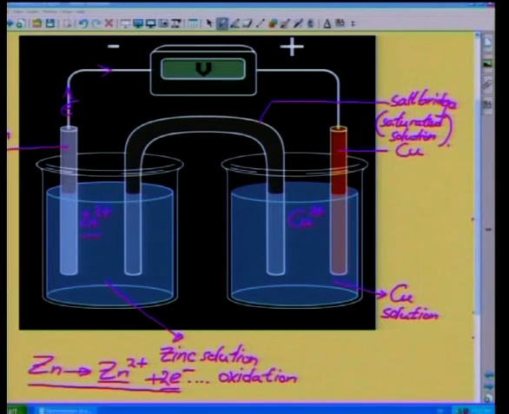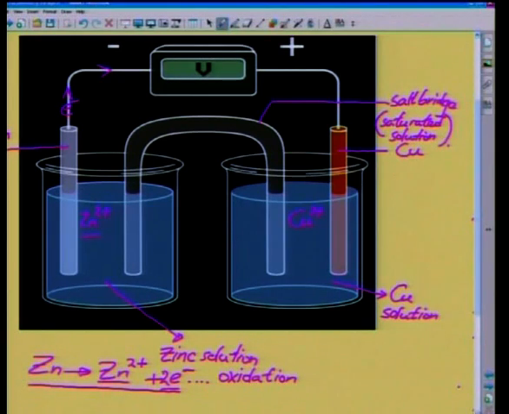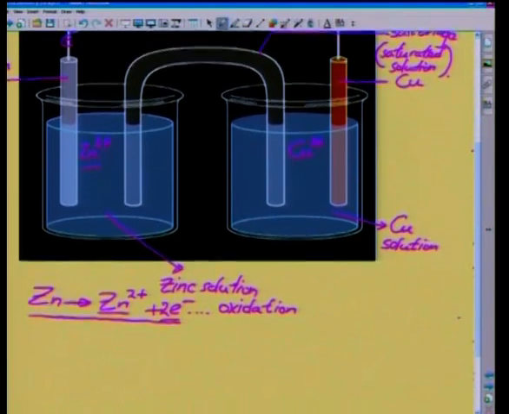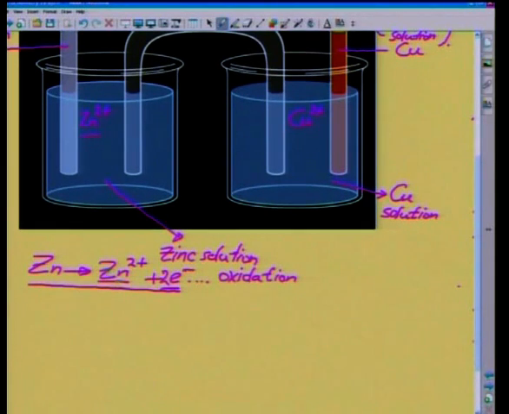Now another question is, where does the zinc ion go? The zinc ion, the Zn2+, goes into the solution. So it starts as an atom of zinc, it loses electrons, it becomes Zn2+, then it gets into this solution.